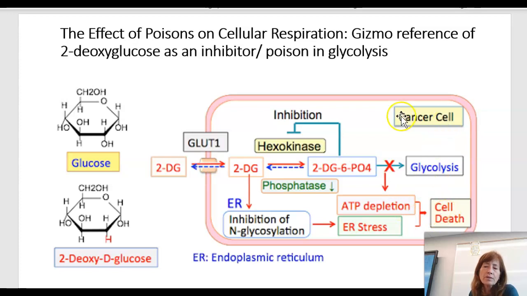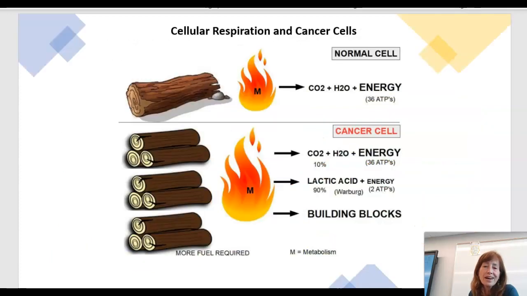Okay, I'm going to get back to talking about cancer cells too. This says cancer cell here. That's not a part of the Gizmo thing, but I might even talk about it now. Interestingly, cancer cells operate differently than normal cells. One of the things they do is, when they do cellular respiration, they really primarily just do the glycolysis part of it.